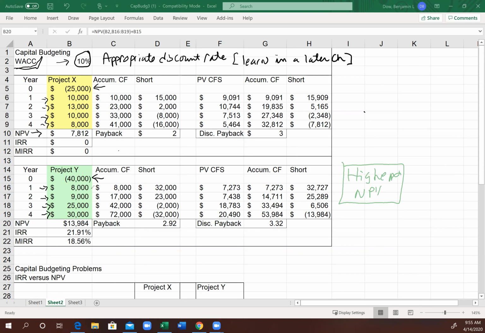Project Y has a higher net present value, and therefore makes it more desirable. Okay. But what else can we look at? Well, we knew how to calculate IRR. Okay. And if we calculate IRR, okay, this one got messed up somehow.